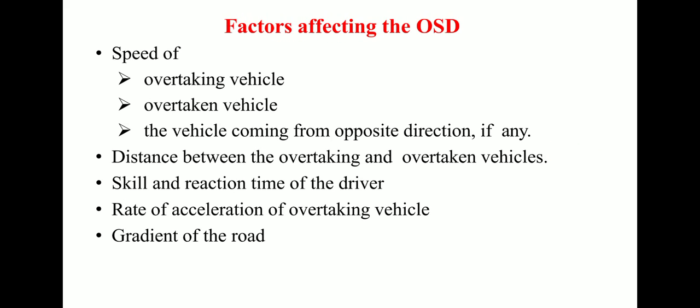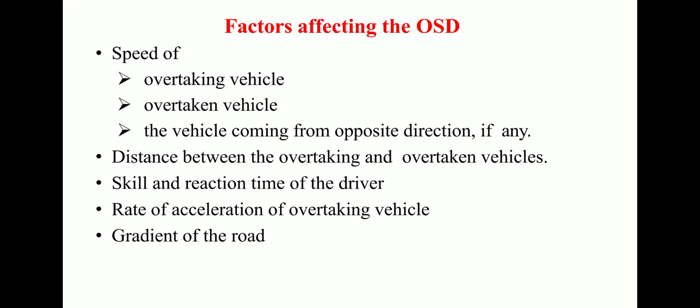surface. There are some factors affecting OSD, that is overtaking sight distance. Now what are those factors? First is the speed of the overtaking vehicle, second the overtaken vehicle, which means the velocities of overtaking vehicles, overtaken vehicles and vehicles coming from the opposite direction are taken into consideration.